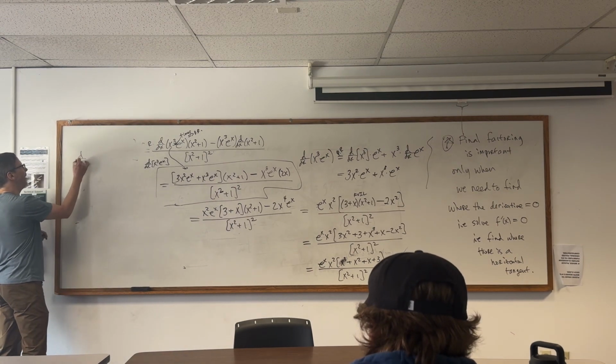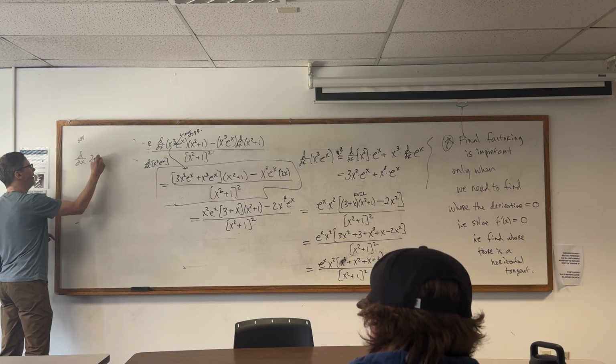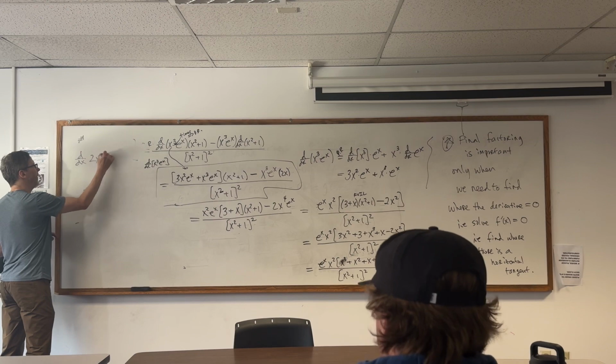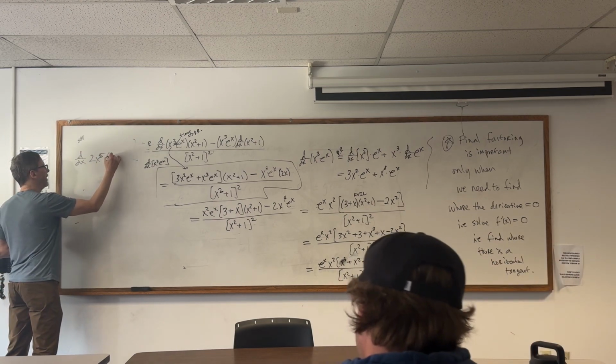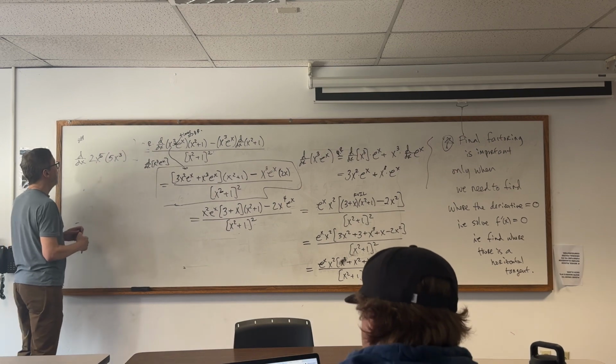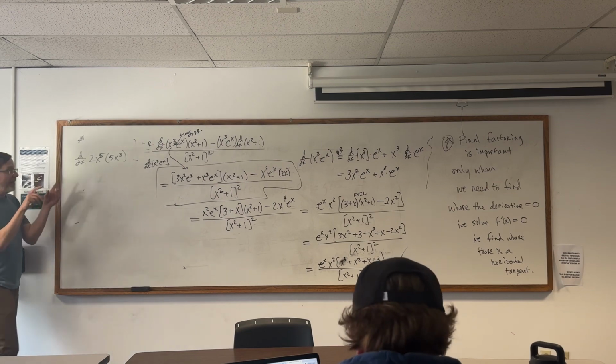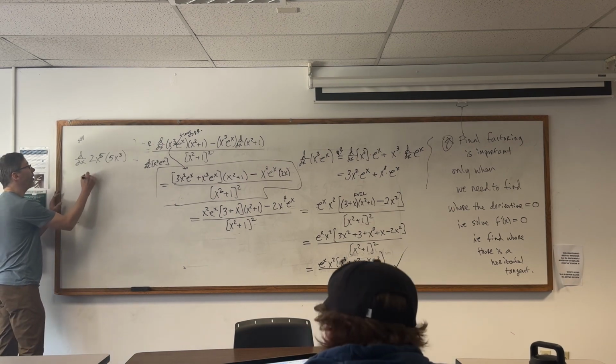So problem 1 on the WebWork, you've got something like 2x to the 5th times 5x cubed or something like that. One is do the product rule, and they've got little spaces for you to write out the pieces. Then they say do it without the product rule.